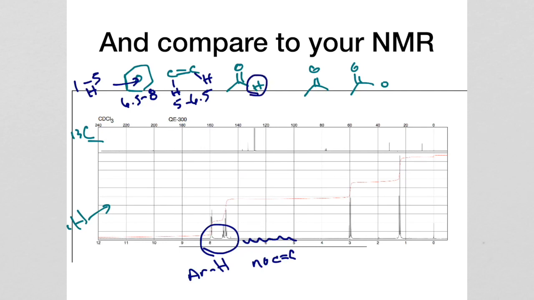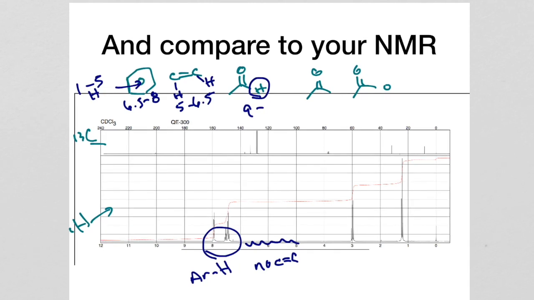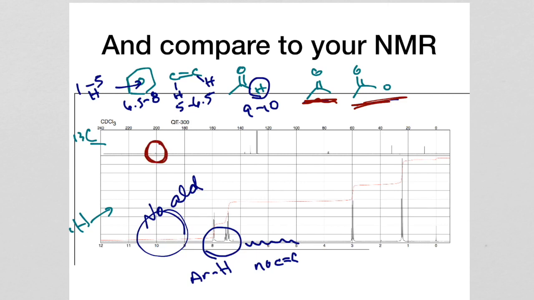Aldehyde protons tend to be from 9 to 10. I don't have any of those, so I know I don't have an aldehyde. Figuring out whether you have a ketone or an ester is something you do within the C13. When you look at your tables for C13, you'll see that there's a peak right here at just above 200.